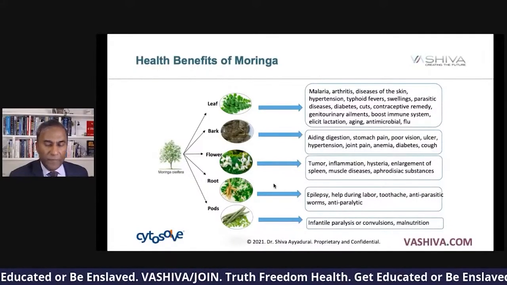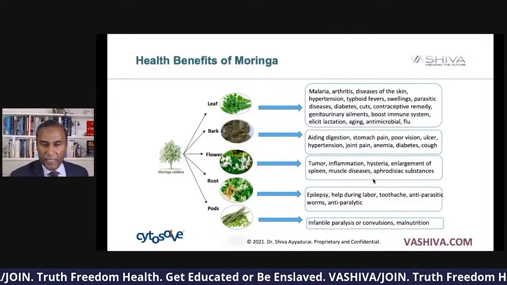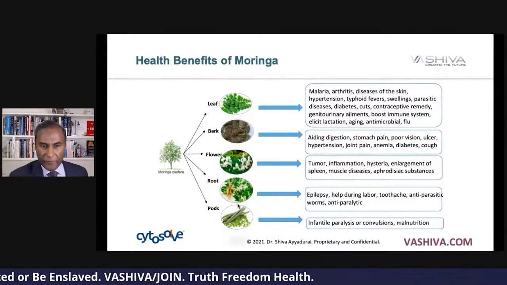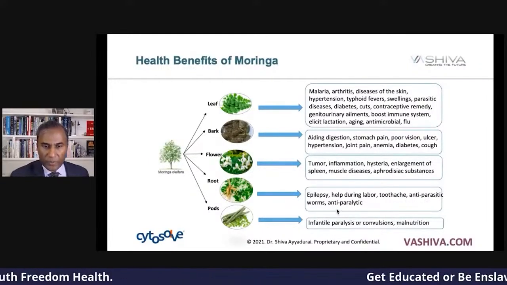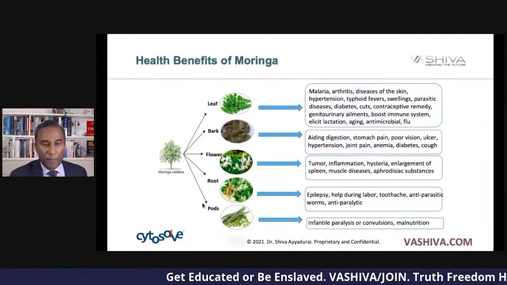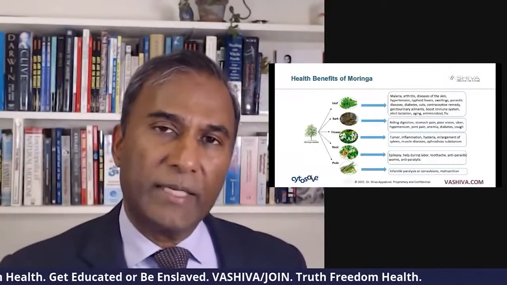The flowers, very different, for tumor, inflammation, hysteria, enlargement of the spleen, muscle diseases, aphrodisiac substances. The epilepsy, okay, for the root, help during labor, toothache, anti-parasitic, worms, anti-paralytic. And then look at the pods, infantile paralysis, malnutrition. I've never seen a product have so many different uses.